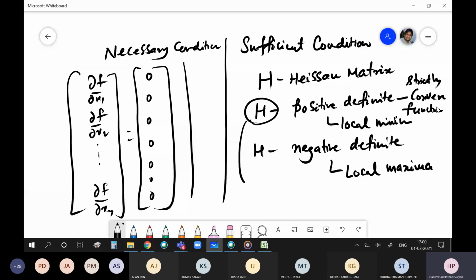If it is the other way, that is, the surface is below the function, then it will be a concave function. So how do we prove whether it is positive definite or negative definite? We will see in the next class.